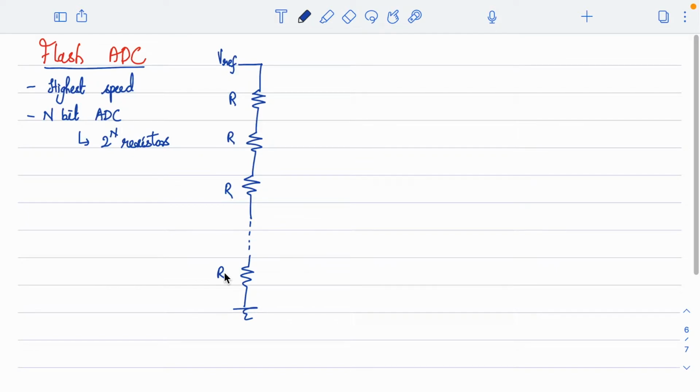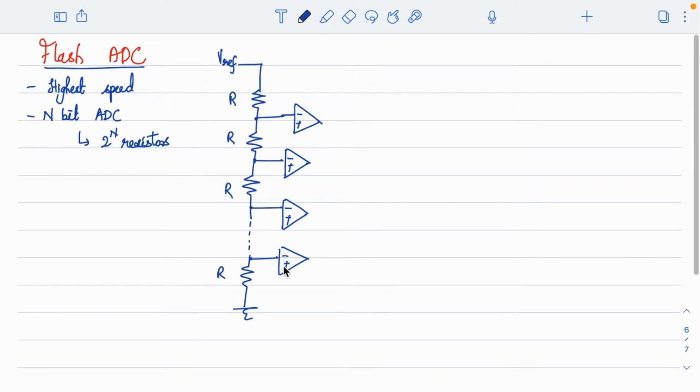From every point you will have a reference voltage which is generated. This will be compared with the input voltage, so for the comparison we will have comparators here, which I'll mark as minus and plus.